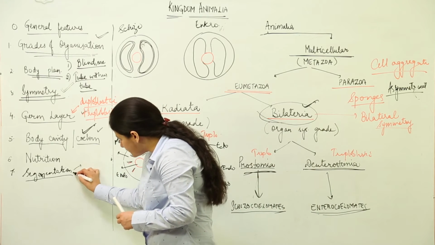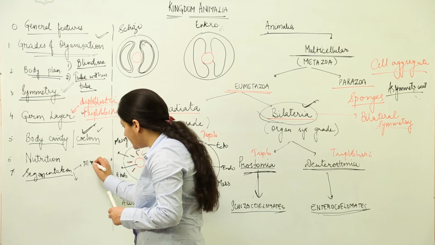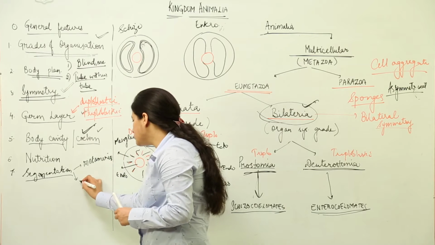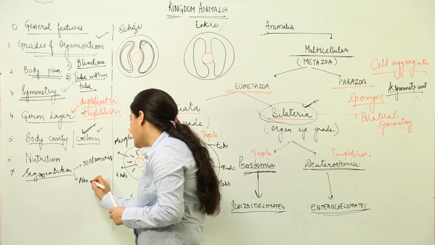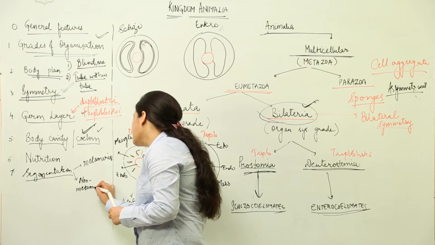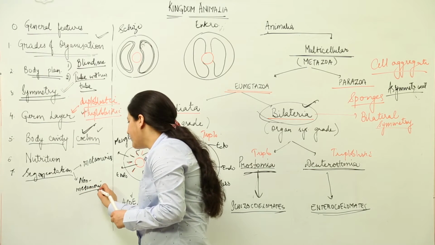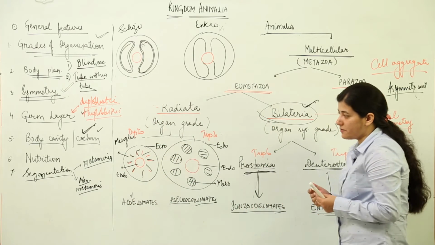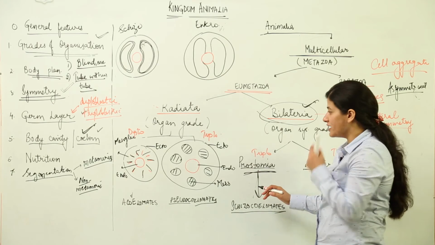And next thing you have to understand is that the segmentation is metameric. I am coming to what it means, but before that you need to know what are the two types of segmentation that you are going to come across when you are studying about classifying the organisms. We see that there are two types of segmentation, namely metameric and non-metameric.